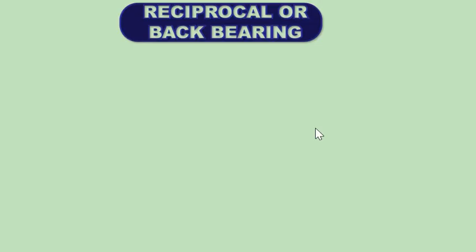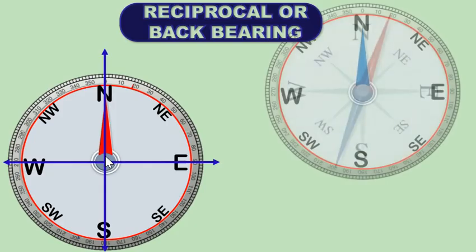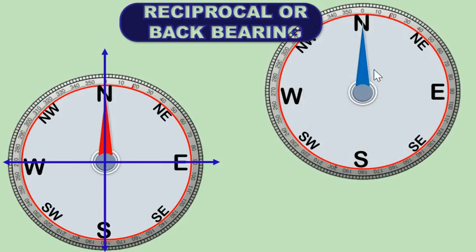Reciprocal or back bearing. What do you mean by reciprocal or back bearing? Now I have a compass, then I have the north-south direction, and then I mark my east-west direction. Then I'm going to start from this point. I'm now going to look at another compass on the other side.